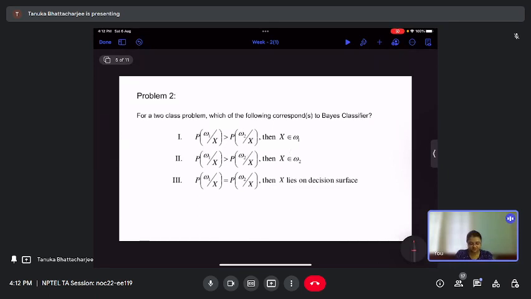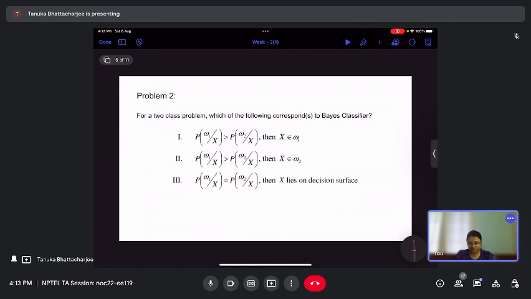So Bayes classifier basically classifies to the class omega 1 if the posterior probability of class omega 1 given the feature is higher. Basically, it tries to minimize the probability of error, that is the Bayes classifier. So when you design a Bayes classifier, the error that you get is the minimum probability of error achievable.